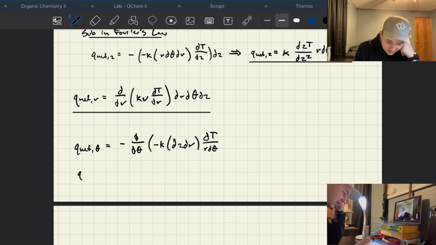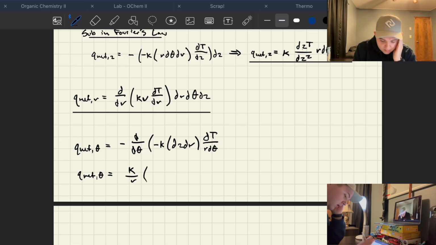And then we're going to simplify as we've done with z. So we're going to get k over r, d squared T over d theta squared, and then just multiply by our area again.